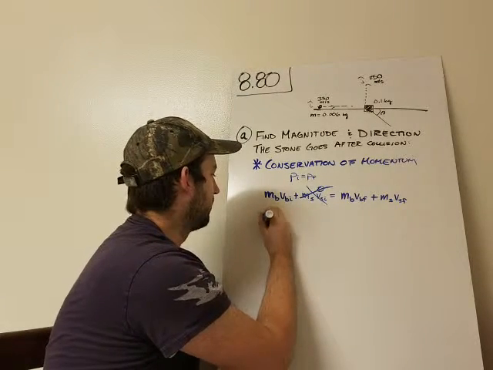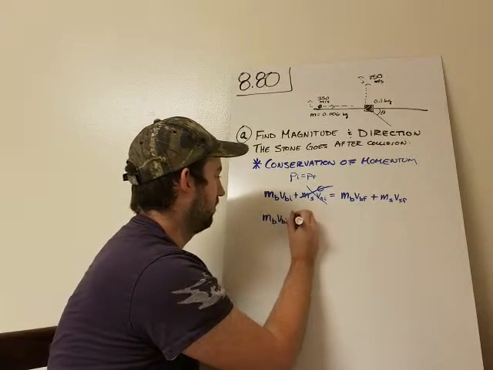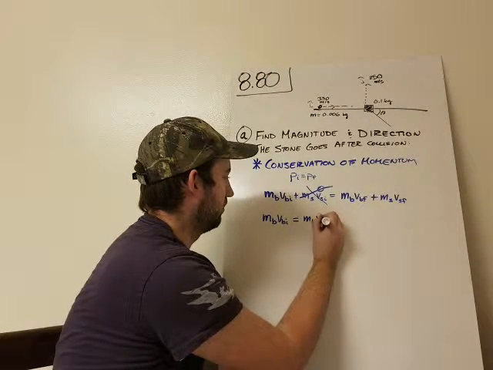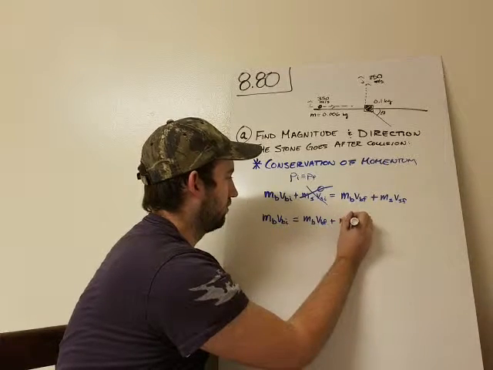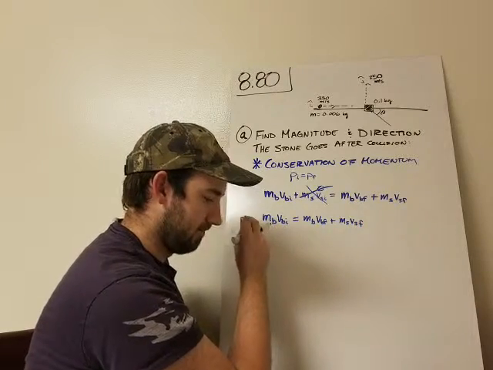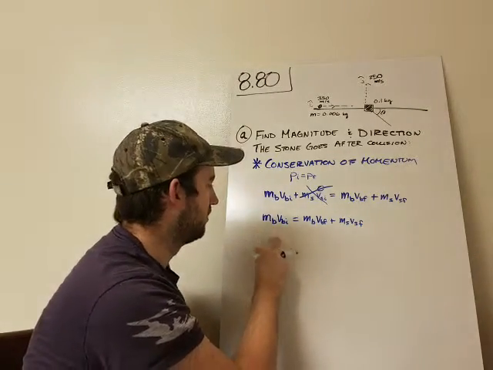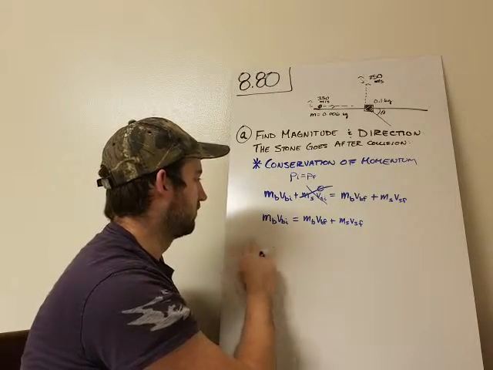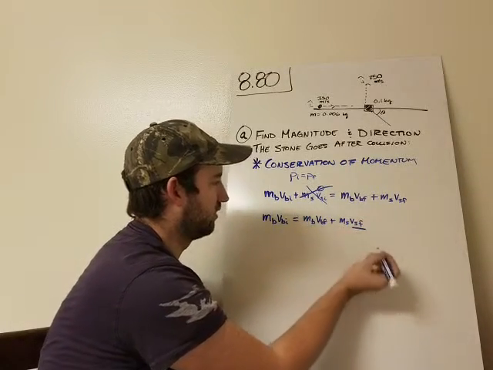So then we end up with mv equals mv. Okay. So now we can just plug in values for these variables, and this is what we're looking for right here.